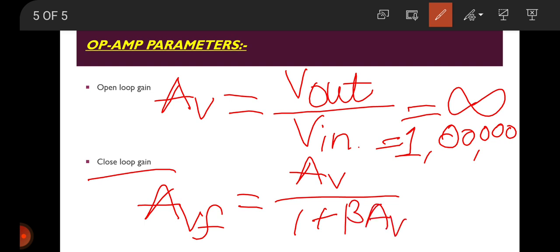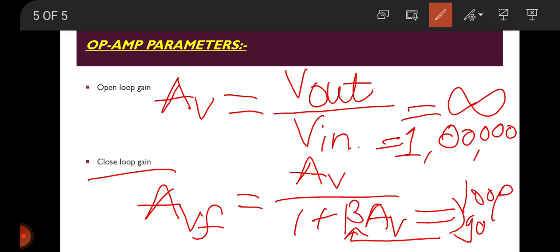This is the formula for closed loop gain, where beta is feedback fraction, and beta AV is loop gain. For IC 741, closed loop gain is 1000.